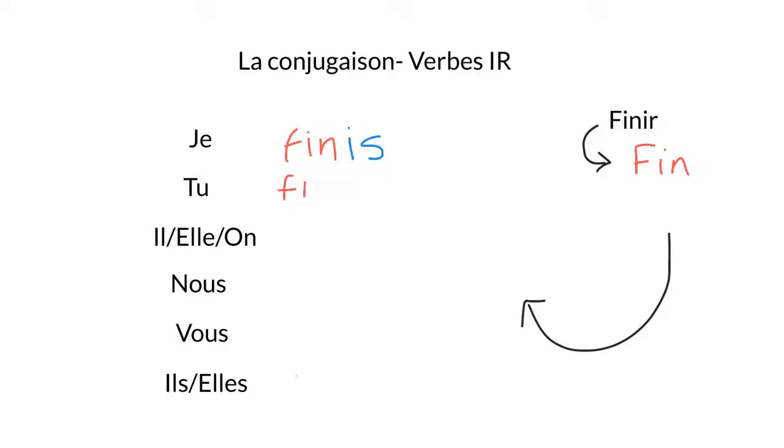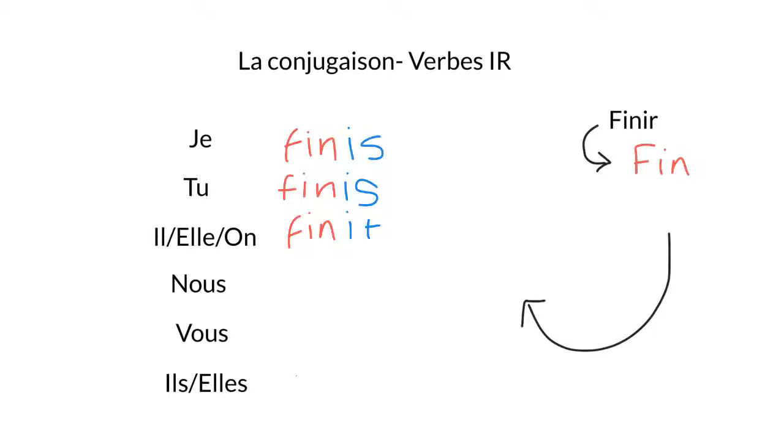And for tu, it is tu finis, which also has an IS on the end. For il, elle, on, it is finit, which has a T on the end. And now, that bit so far is again quite easy to remember.